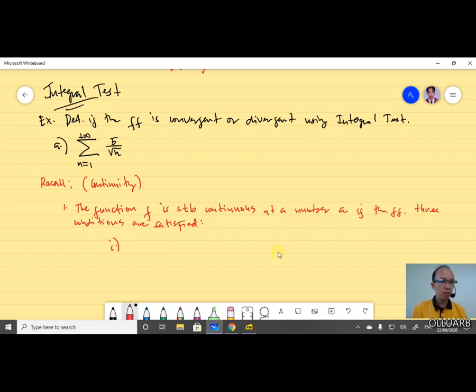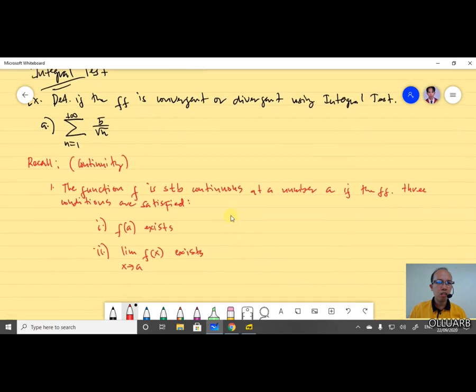Please recall this. It should be that f of a exists. The function value at a number a exists. The second condition is that the limit of the function as x approaches a exists.